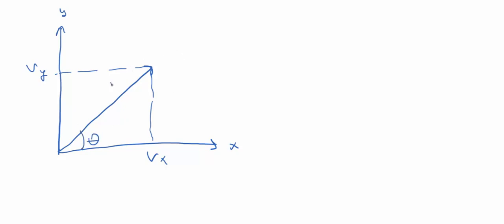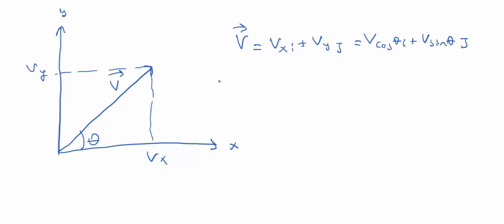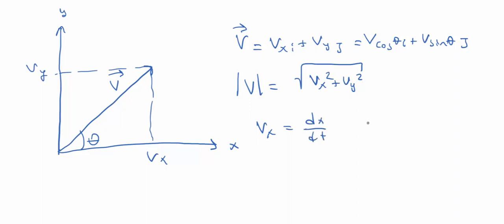So this is our v. The v vector is equal to vx i plus vy j, which is v cosine theta i plus v sine theta j. And then v is equal to the root of vx squared plus vy squared. And vx is equal to dx over dt. And vy is equal to dy over dt.